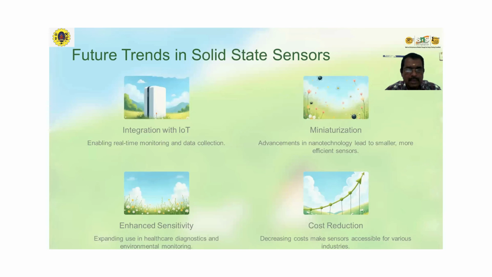So in future trends, how will it be used? Integration with IoT is one of the main domains, along with miniaturization. The sensors will be used in small sizes, with compactness and enhanced sensitivity. The sensitivity properties will be increased in solid state sensors.